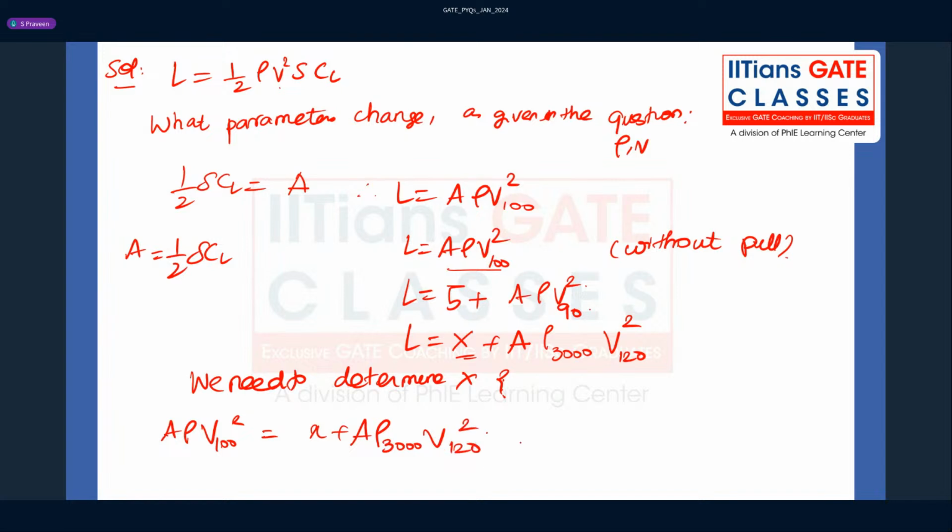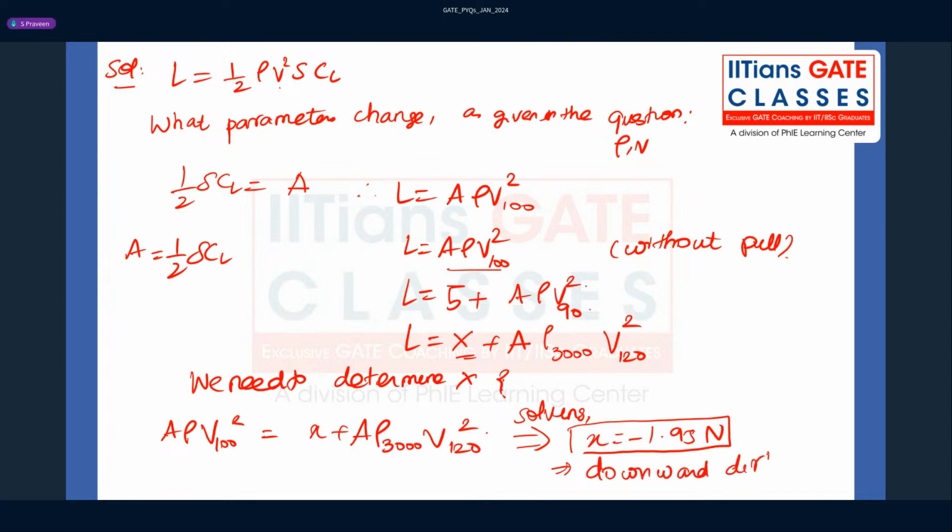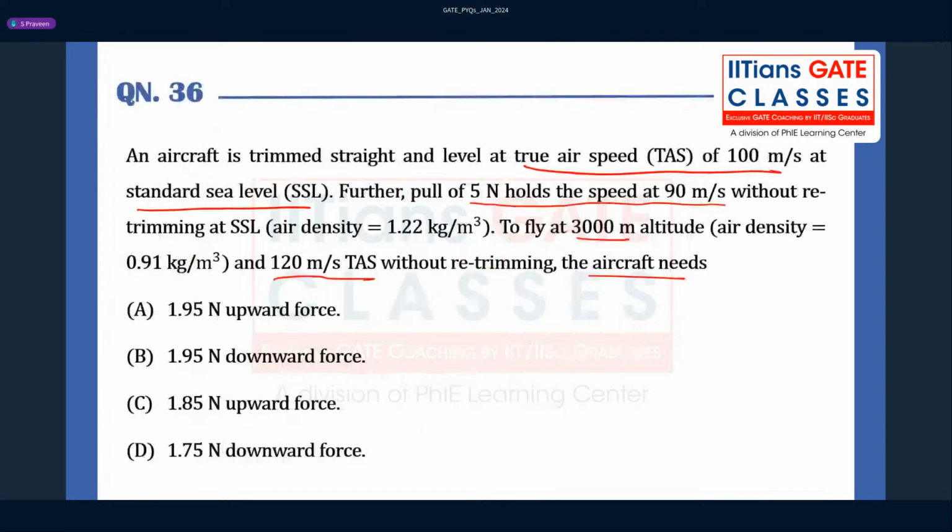If we solve this, we get x as minus 1.95 Newton. If you have a minus sign, the convention is a negative direction, which means it's a downward force. So if I go back to my options, it has to be 1.95 Newton downward force.